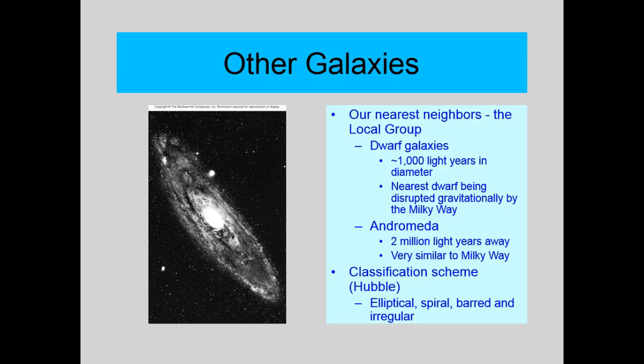I don't think they give where it was taken. They just say it's McGraw-Hill, permission. That could have been taken from a similar site, or it could have been taken from Hubble Space Telescope. I don't know. But that's a picture of what Andromeda Galaxy looks like.